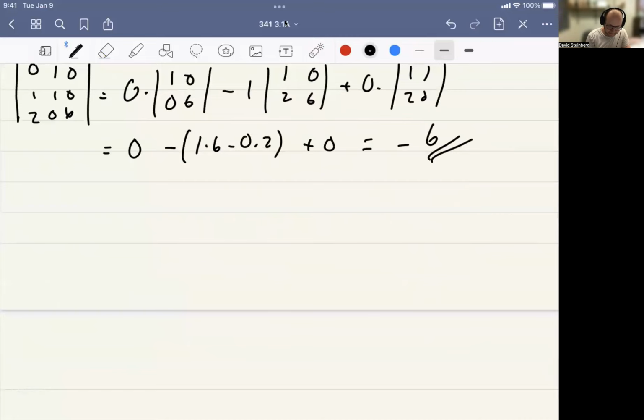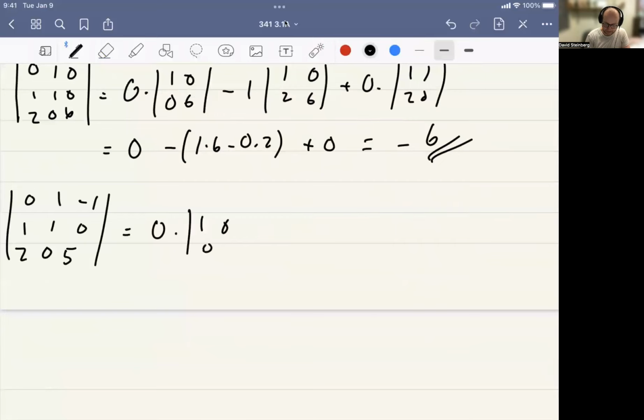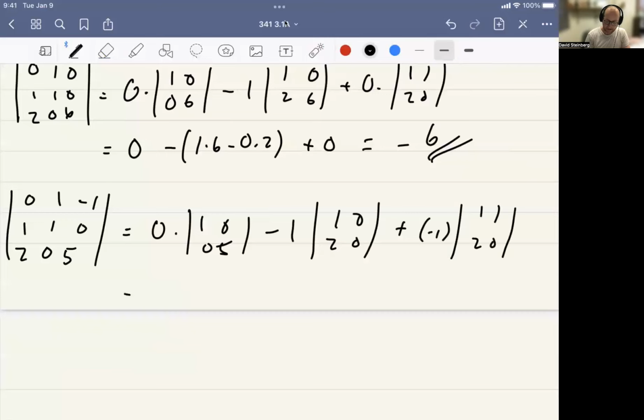And then finally, we want the determinant of 1, 0, 1, negative 1, 1, 1, 0, 2, 0, 5. This is 0 times the determinant of 1, 0, 0, 5, minus 1 times the determinant of 1, 0, 2, 0, plus negative 1 times the determinant of 1, 1, 2, 0.